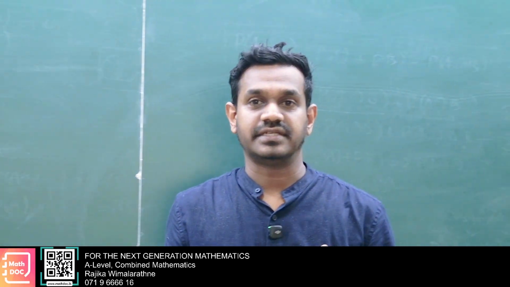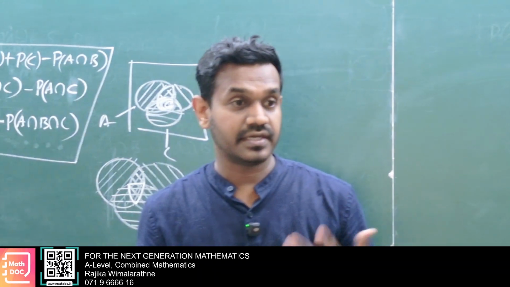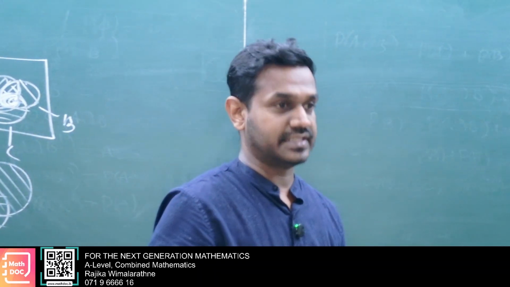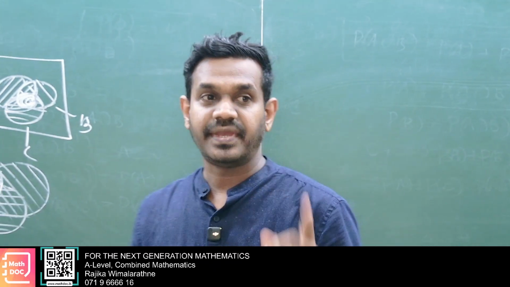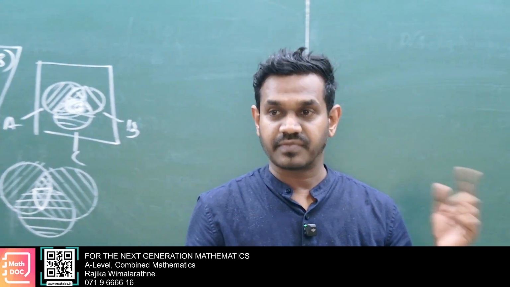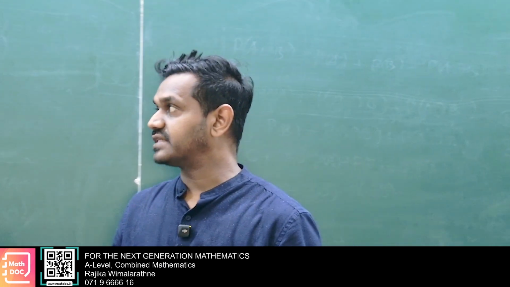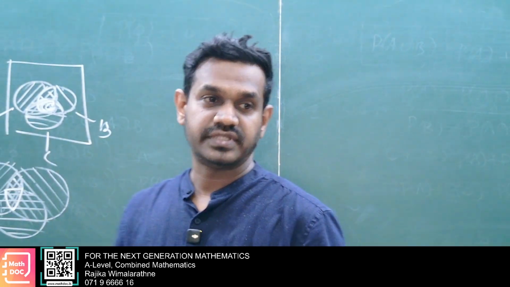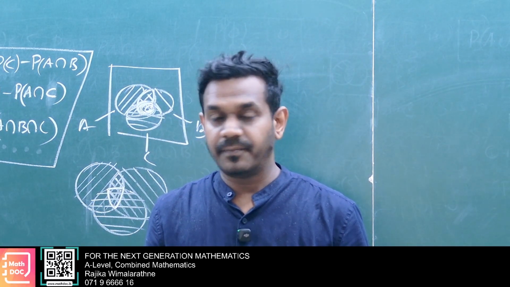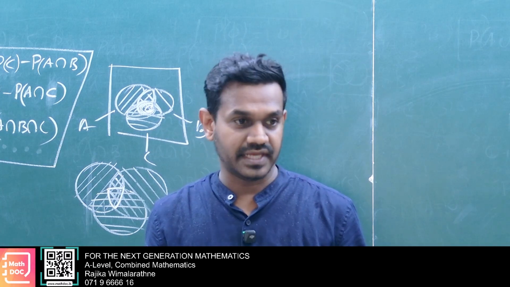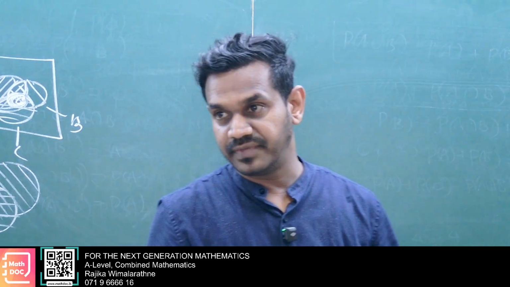Thereafter the axiomatic definition, the modern definition, which deals with three axioms: P(A) greater than or equal to 0, P(S) equals 1, and for mutually exclusive events, the probability is the sum of the probabilities. Based on those axioms we got a few theorems: P(null) equals 0, P(A') equals 1 minus P(A), P(A) equals P(A ∩ B) plus P(A ∩ B'), and P(A ∪ B) equals P(A) plus P(B) minus P(A ∩ B), and so on.